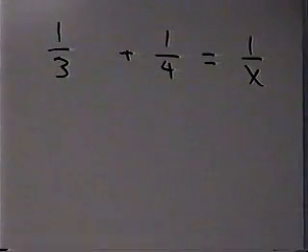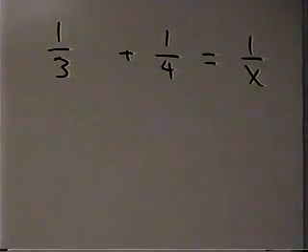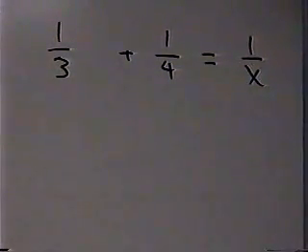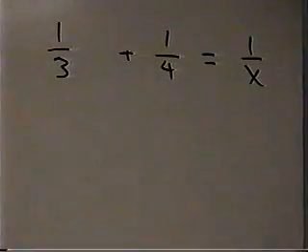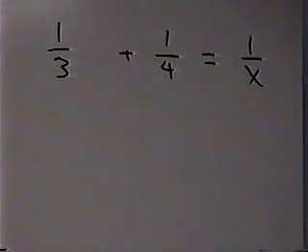Well, if it takes 3 hours to fill it, then in 1 hour it's 1/3 full. So you're filling 1/3 of the tank in 1 hour from pipe A. Well, pipe B is filling 1/4 of the tank in 1 hour. Now together, what do they do in 1 hour?